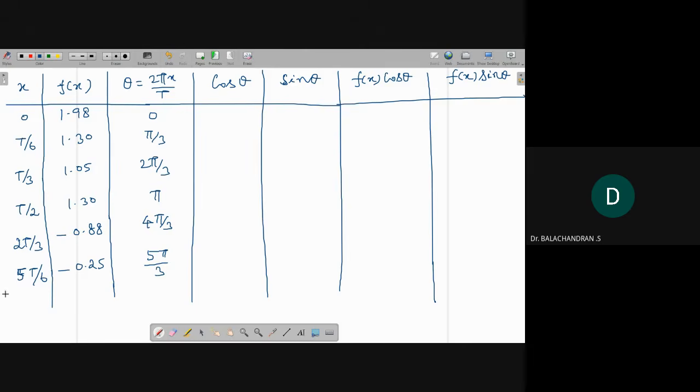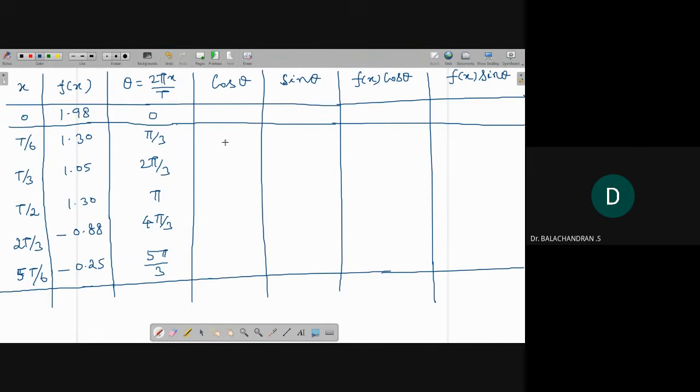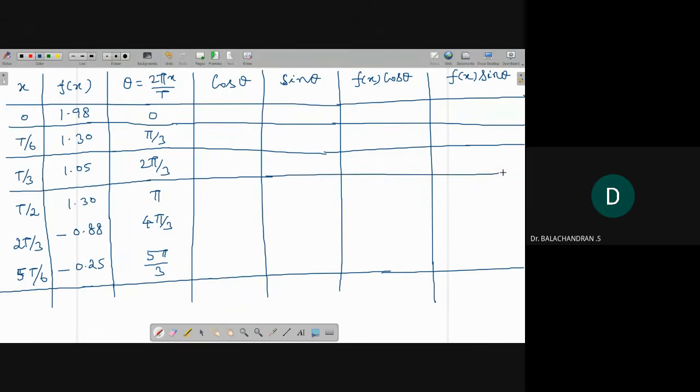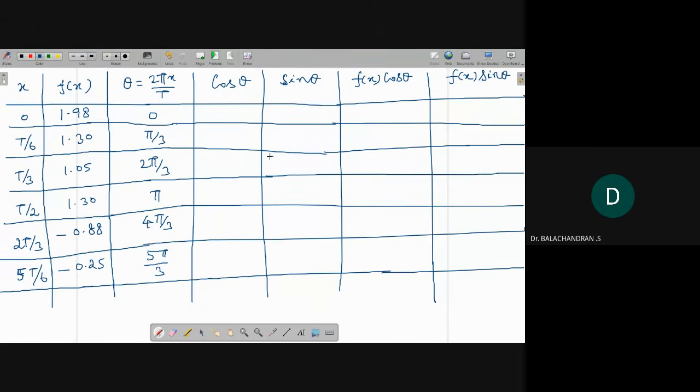So next we need to find out cos theta and sin theta. What about this column? Cos 0 is 1. Cos π/3, cos 60, is half.